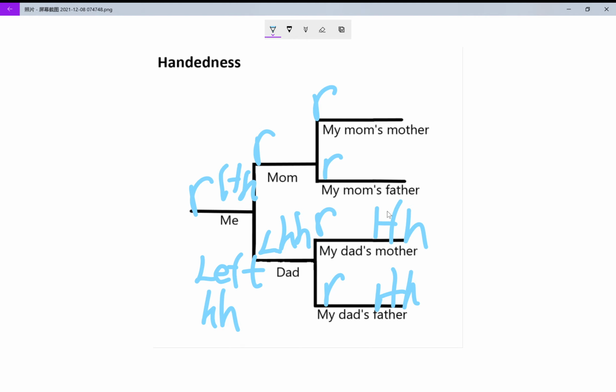Then the next one, earlobe. According to the earlobe data, my mom doesn't have earlobes. And my mom's parents, both of them, don't have earlobes. And on my dad's side, my dad has earlobes.